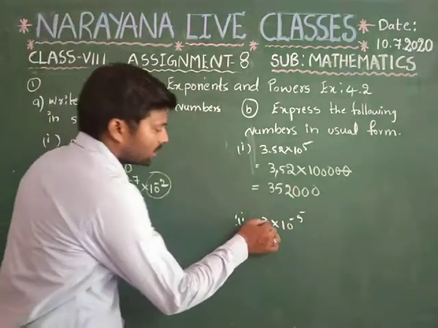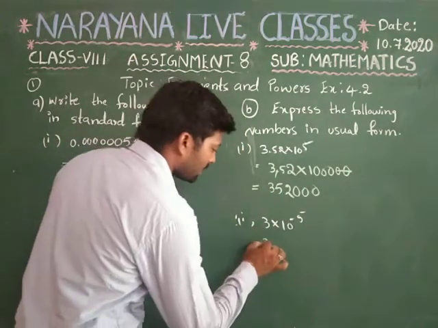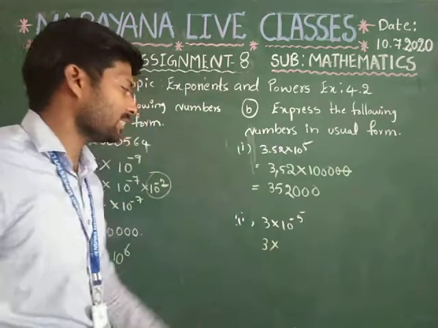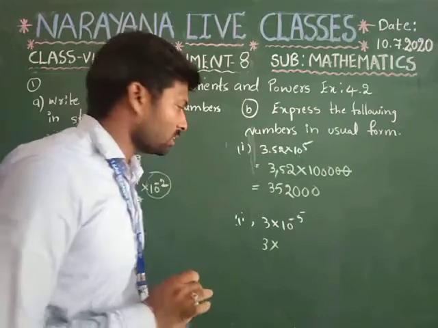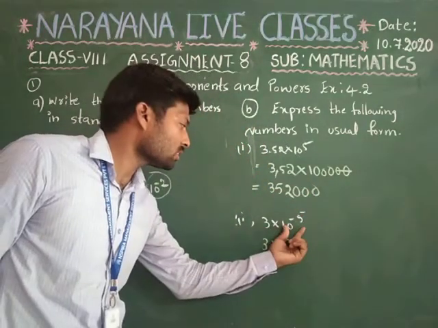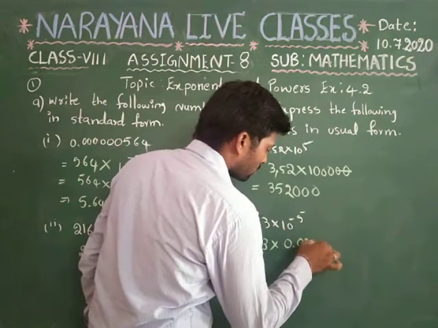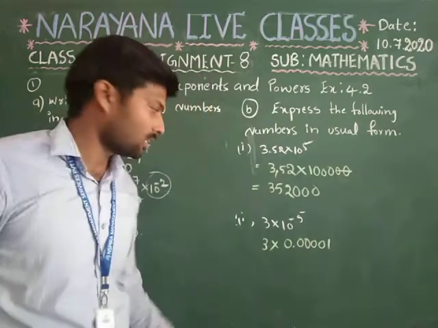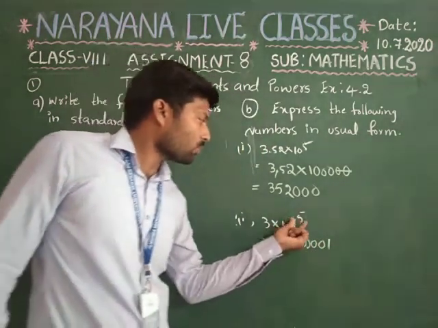Similarly, in the next one, 3 into 10 power minus 5 is given as a standard form. Here it is 10 power minus 5, not plus 5. After the decimal point, how many decimal places do we take? 5. That is 0.00001, which is 10 power minus 5.